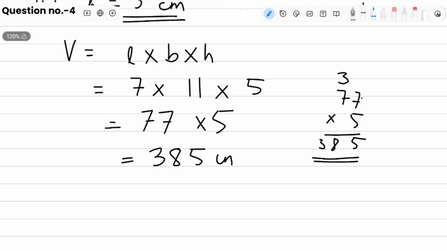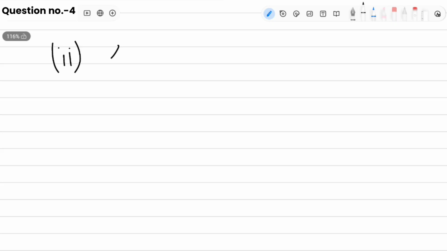385 centimeter cube. So the second part of the question says that height is equal to 9 centimeter. So volume is going to be length into breadth into height.